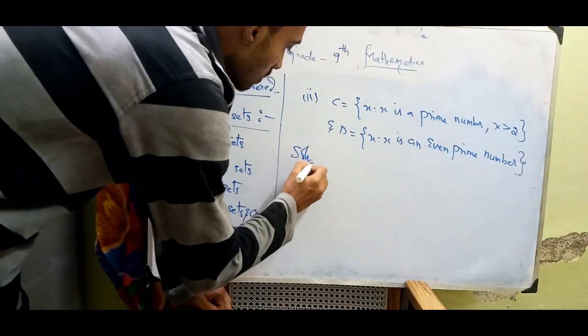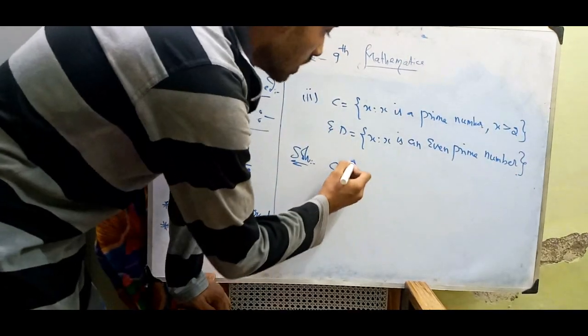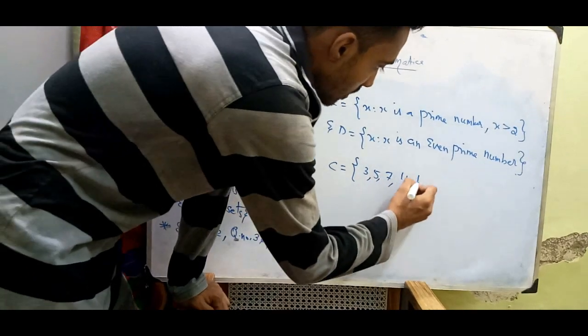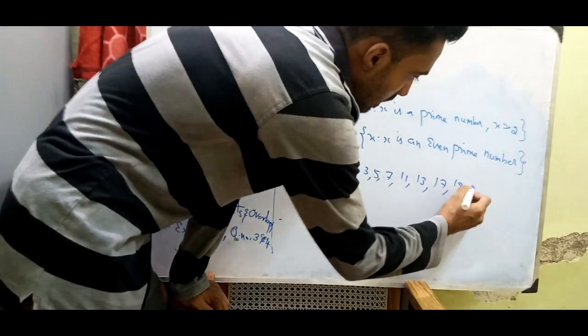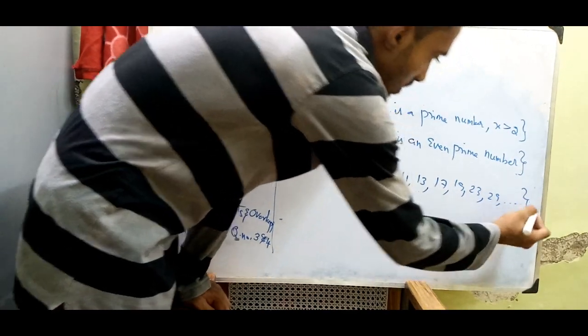So solution, what is the C? X is a prime number greater than 2. So greater than 2 is nothing but 3, 5, 7, 11, 13, 17, 19, 23 and then 29, 31 and so on, etc.